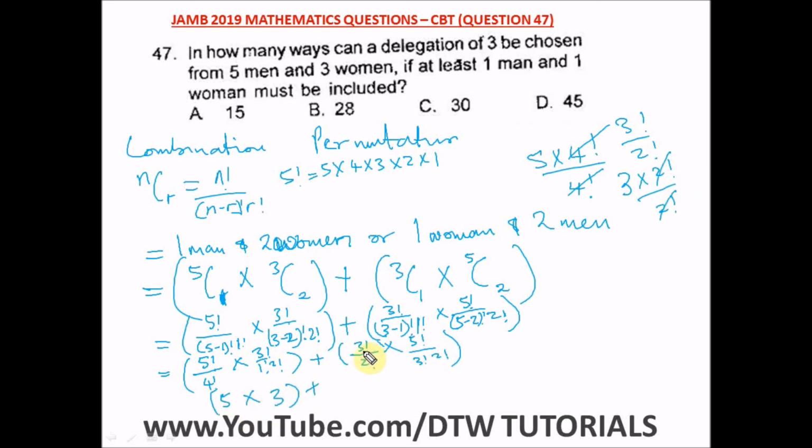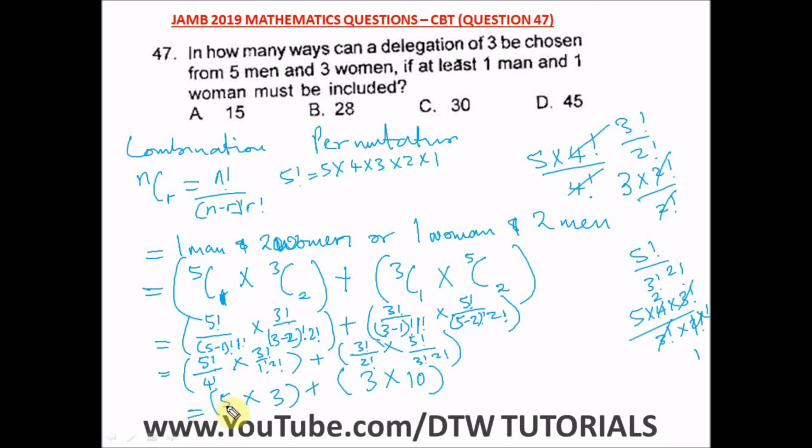Plus, here we have 2 factorial over 2 factorial, which still gives us 3, times 5 factorial over 3 factorial, 2 factorial. 5 factorial is 5 times 4 times 3 factorial, and the 3 factorials cancel out. 2 factorial is 2 times 1, where the 2 cancels, so we have 5 times 2, which is 10.